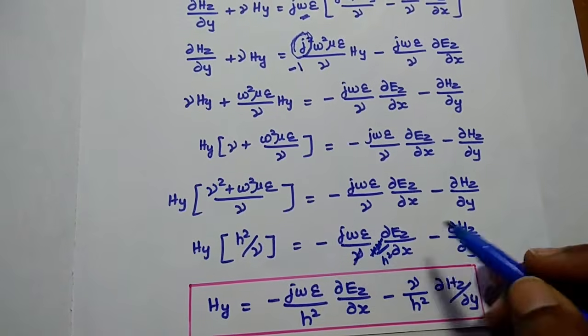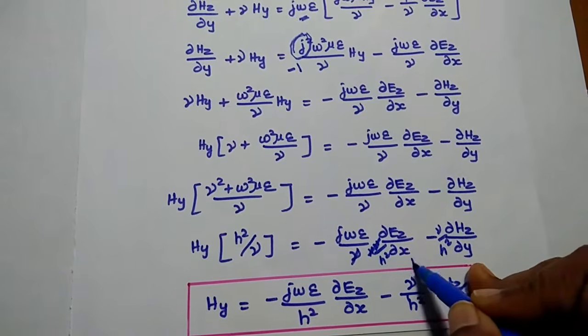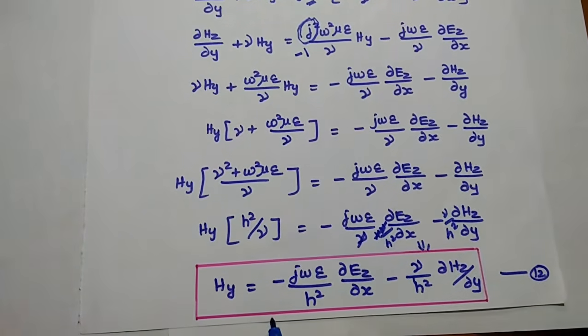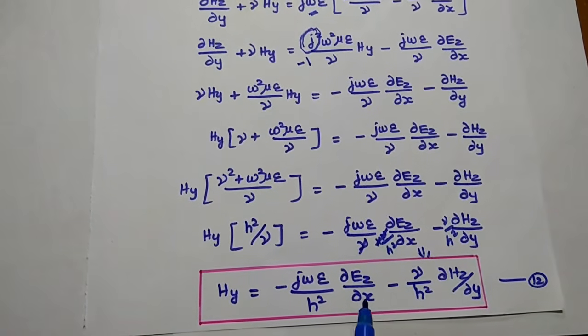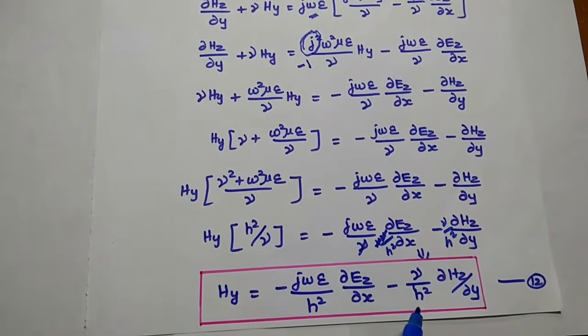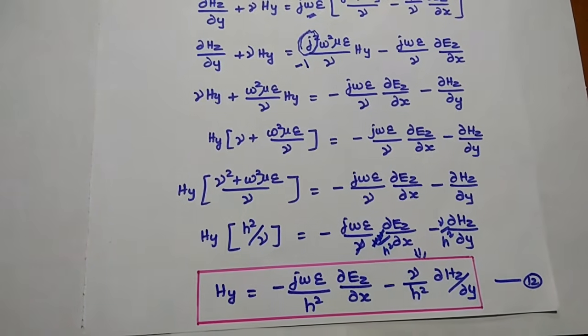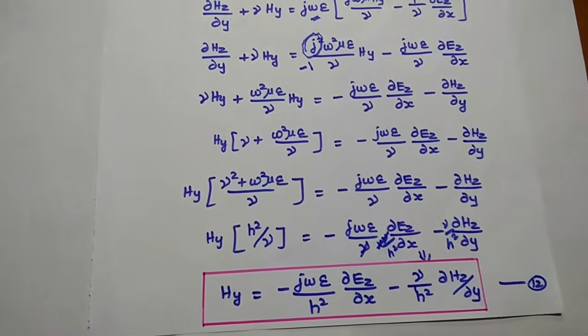The gamma cancels, and here it is gamma by h squared. Finally, the Hy component is equal to minus j omega epsilon by h squared dou Ez by dou x minus gamma by h squared dou Hz by dou y. So this is the value of the Hy field component. Consider this as the 12th equation.